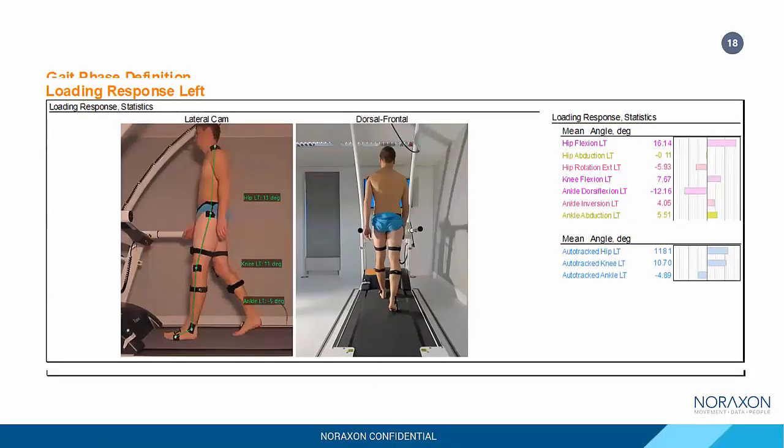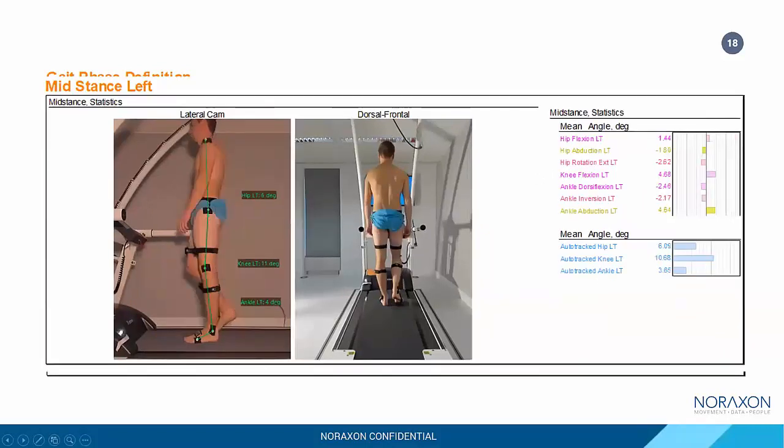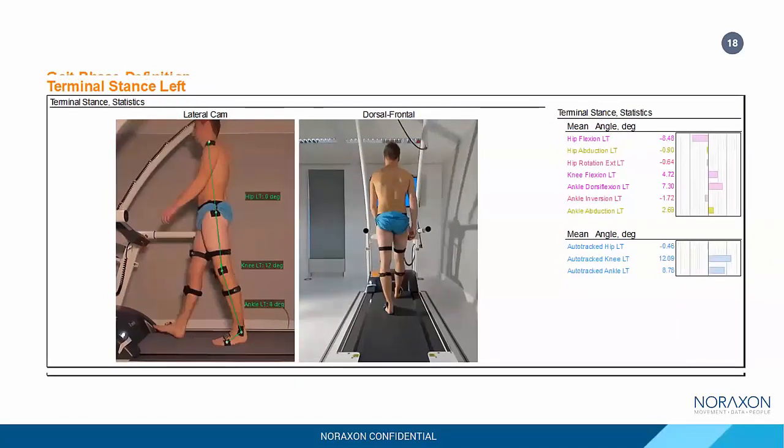Again, I think something to note is the general plus or minus 5-degree difference between the video tracked information and the measured information from the sensors. So as we step through here, you can see that pretty much consistently throughout. Again, the 3D system also offers us additional information where we can look at the frontal plane and the transverse plane information and not only be limited to this single plane with the video.